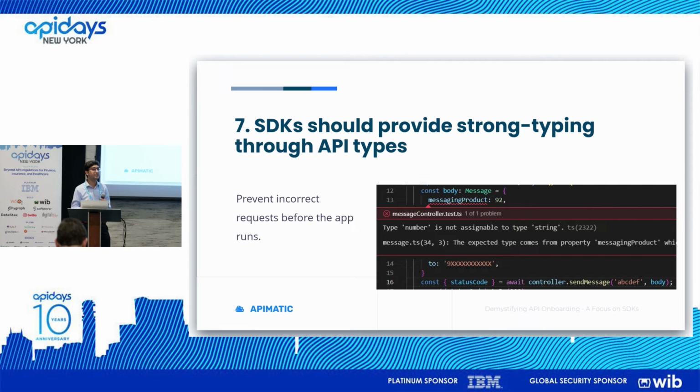For example, a user might be writing the wrong request. In that case, providing strong typing in your SDK can help catch those issues before the code is deployed. And you do that by providing strongly typed code throughout the SDK.